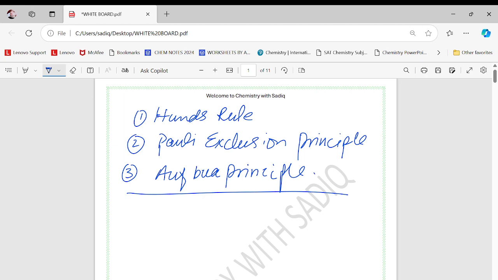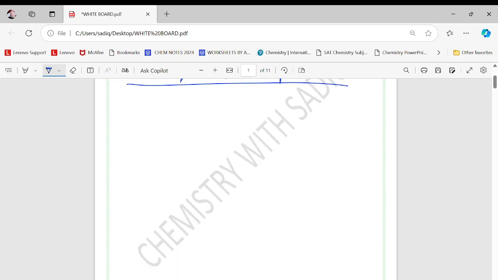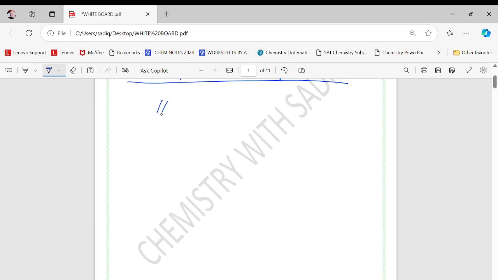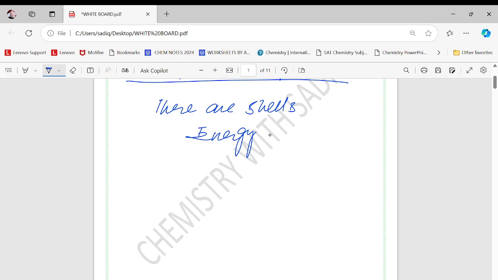So when we are going through these rules, I'm going to be explaining some of the basic points also. For example, there are shells in the periodic table, which are called the energy levels. And how many of them? 7 energy levels are there.